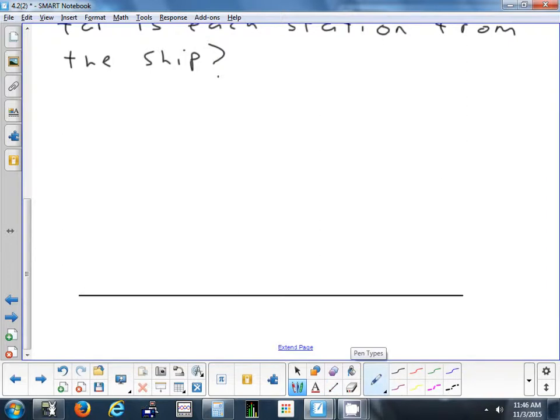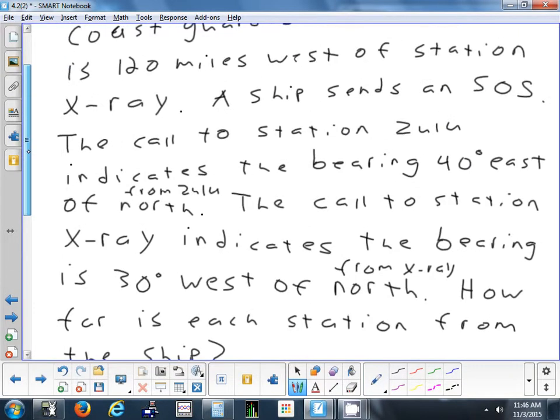On the shore I have 2 Coast Guard stations, 1, 2. And somewhere out here, I have a boat. There's my boat. Now they told me which one was to the west, so I just have to make sure I get this right.